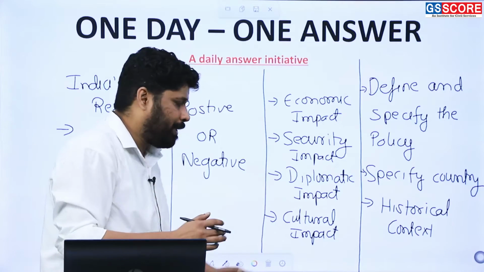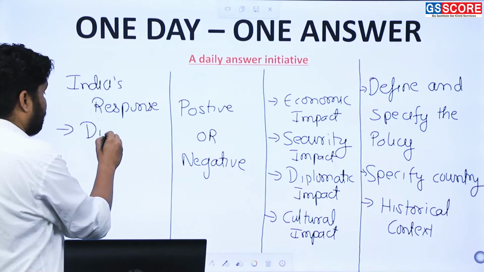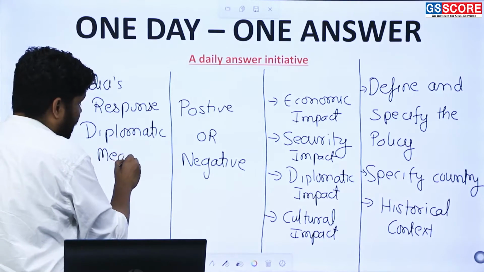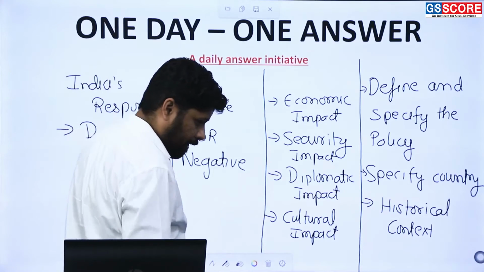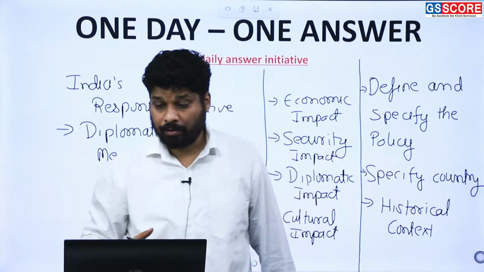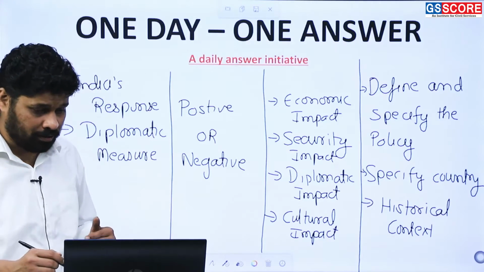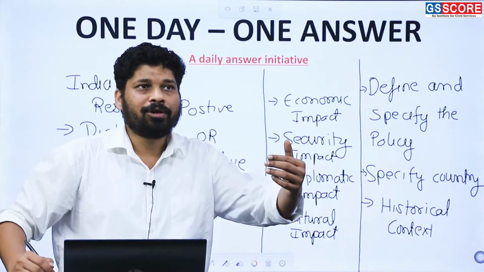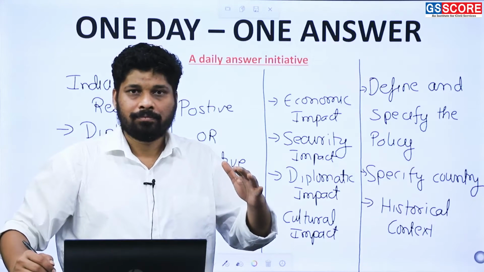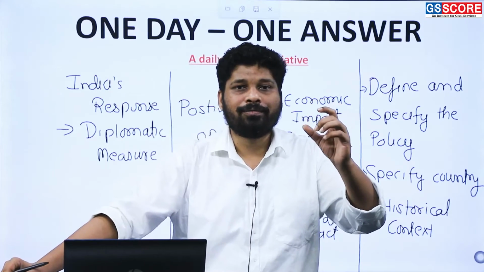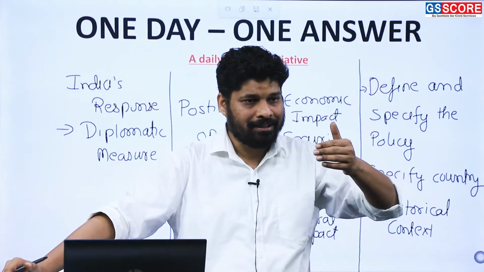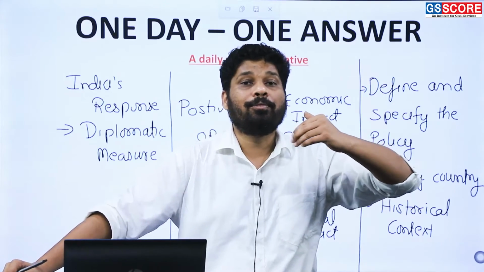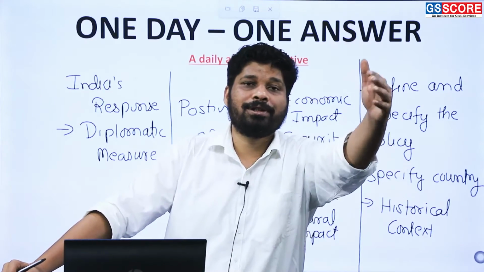So you have to bring in first and foremost the diplomatic measures that India will put in place, or adopt, for the purpose of the ill effects of that policy not affecting India, and the positives of those policies being enhanced. Okay, if there are ill effects, how to reduce them. If the policy is positive, how the effectiveness of that particular policy has to be increased.